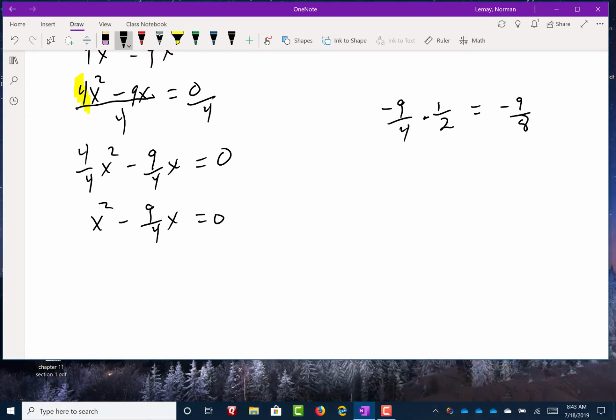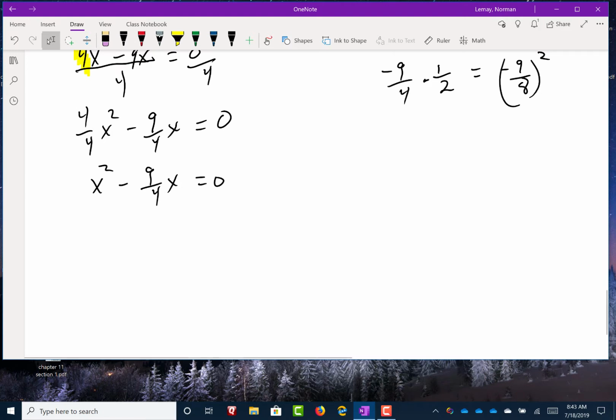And again, we have to now square this. So now we have x squared minus 9/4 x plus a minus 9/8 squared. And again, what we add to the left, we have to add to the right.